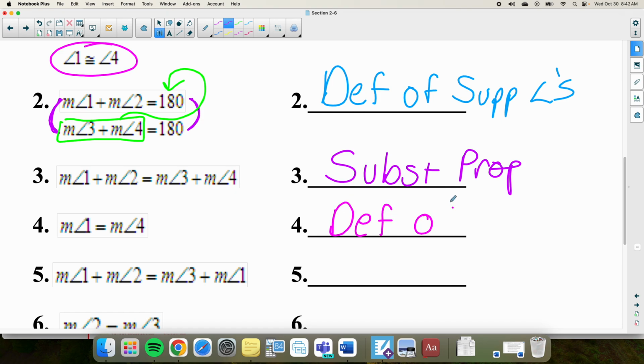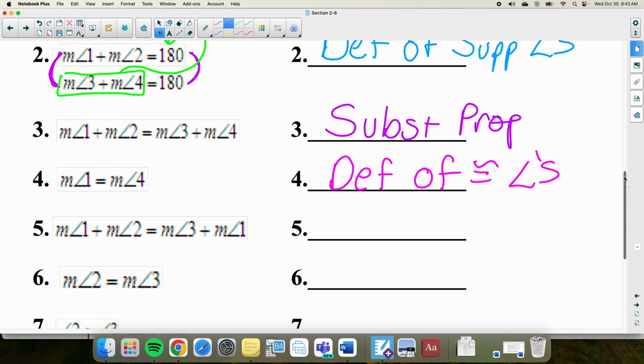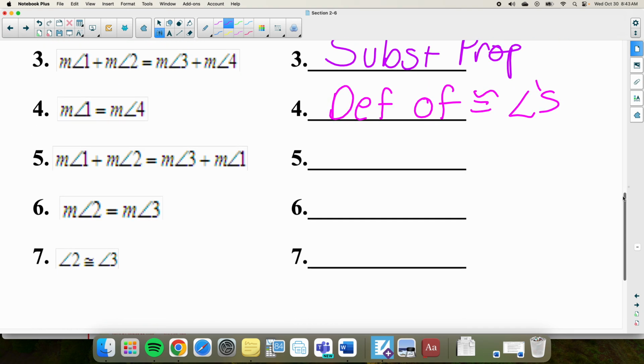Definition of congruent segments. Or no, angles, sorry. Congruent angles. Okay? So every once in a while that'll happen where you're not really sure what's going on, and if you look way back up to the given, sometimes they bring that given in after the fact.